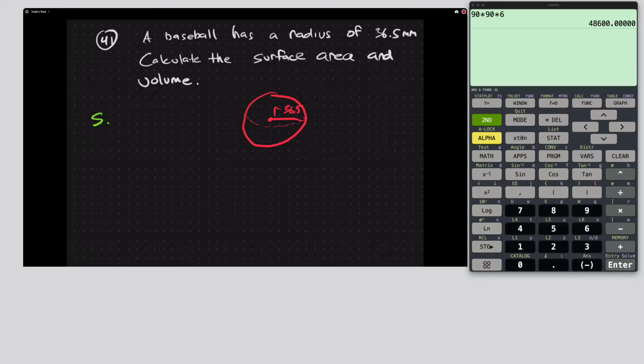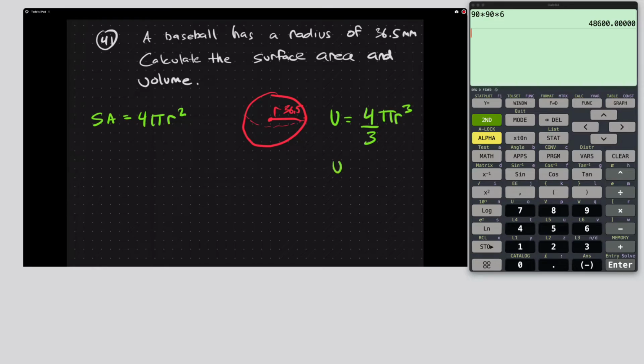Surface area of a sphere equals 4 times pi times r squared. And the volume of a sphere equals 4 over 3 pi r cubed.